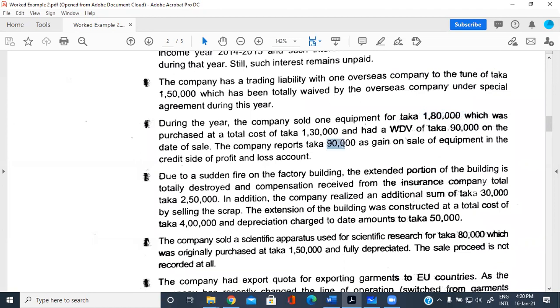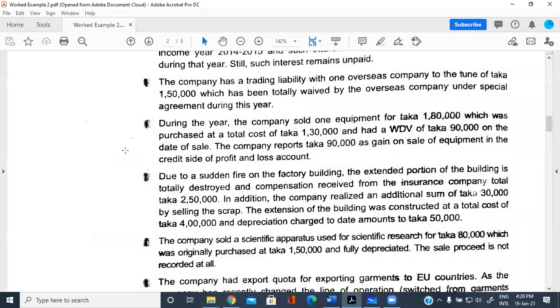So the company has shown the 90,000 as total gain in which account? Profit and loss account, I mean their income revenue statement, revenue expenses statement, right? Yes, sir. Out of this 90,000, there is a component of capital gain. Yes, sir, 50,000. How?